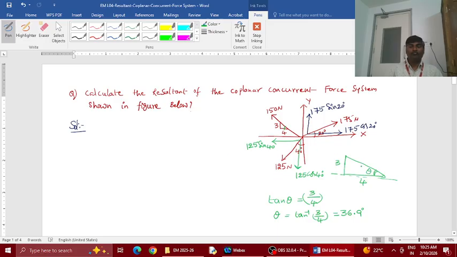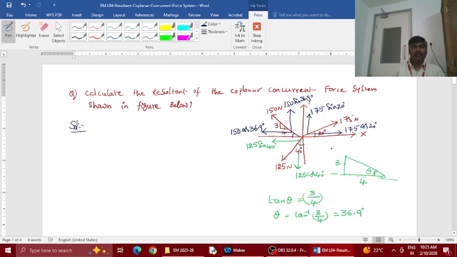Now let us write the components. Its x component is 150 cos 36.9 degrees, since it is towards the angle. The y component is 150 sin 36.9 degrees.